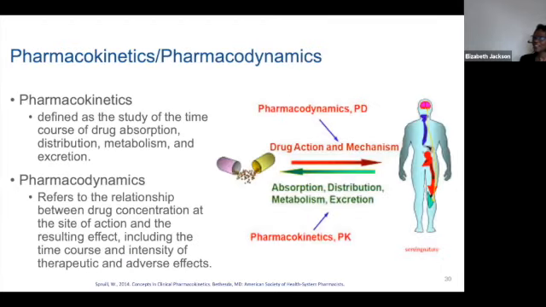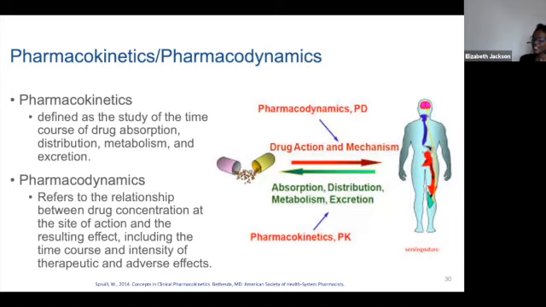This figure depicts pharmacokinetics, which is in green. You can see the absorption. If a drug is taken by mouth, it has to be absorbed. There's distribution into the tissues. There's metabolism, and there is excretion, how the drug will get out of your system. Pharmacodynamics is simply the relationship between the drug concentration at the site of action and the resulting effect.